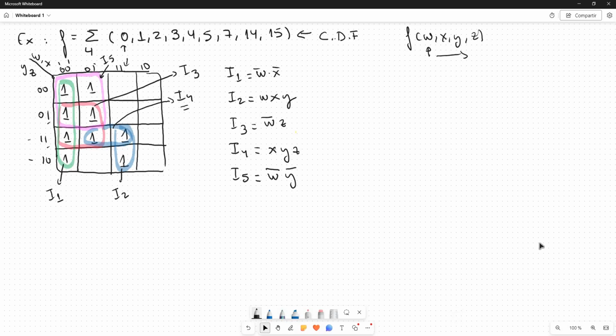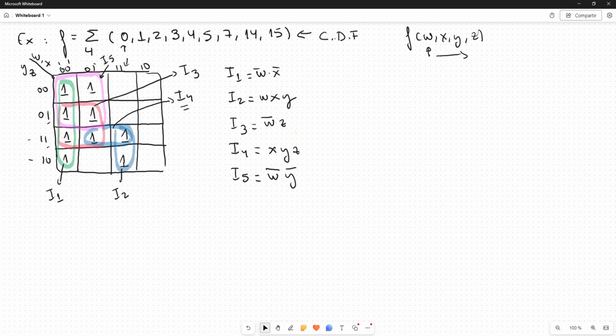So the next step, in order to obtain the minimal sum, is to locate the distinguished cells, because we have to identify the essential prime implicants that are going to be included in the function always. So the distinguished cells here, I'm going to use, for example, black.